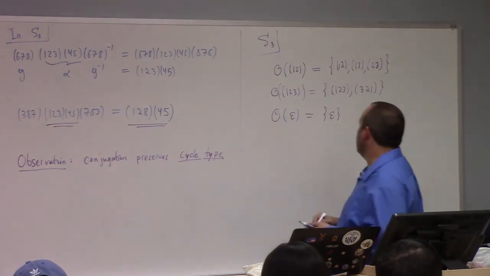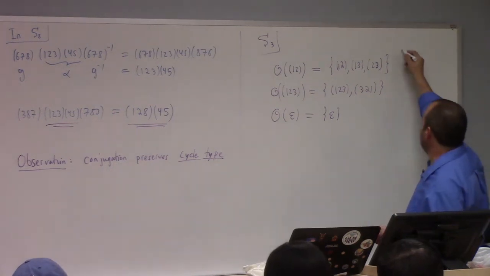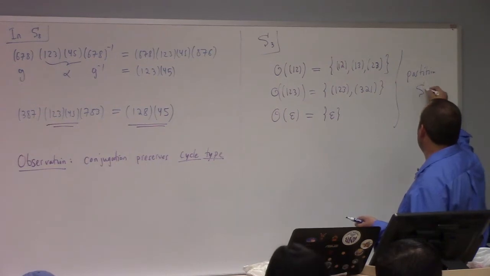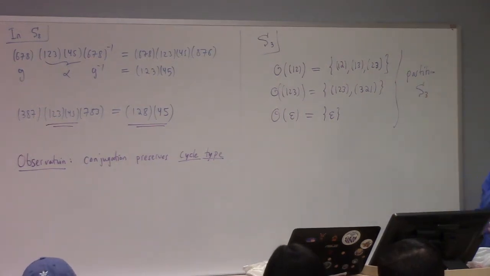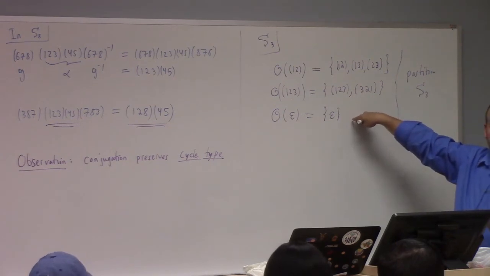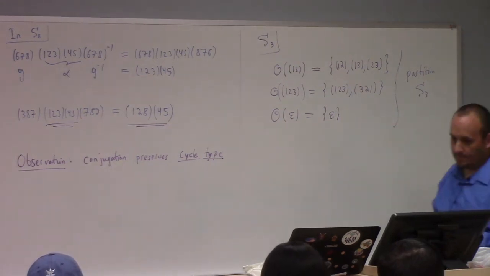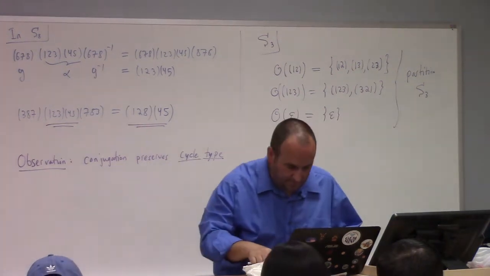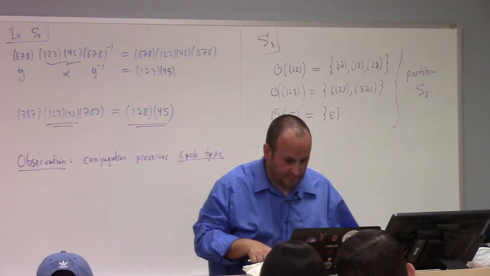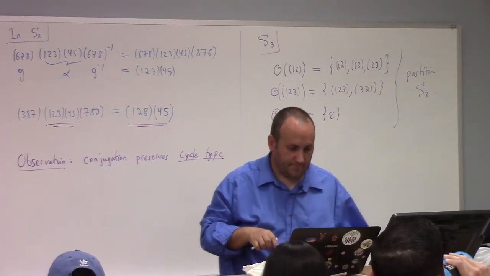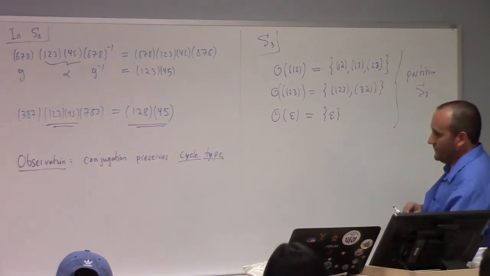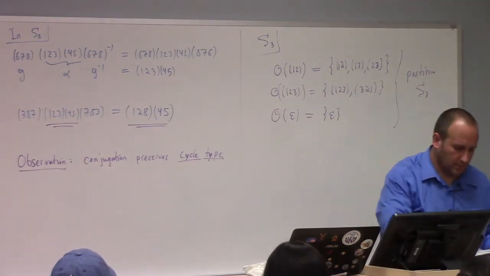These partition S3, right? 3 plus 2 plus 1, 6. That's the order of S3. In the notes, I share with you the breakdown for S4. Let me put that up, actually.